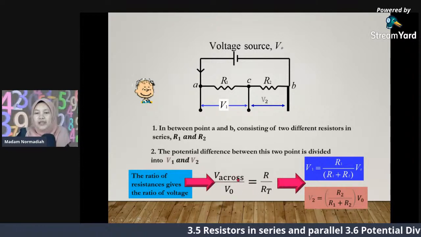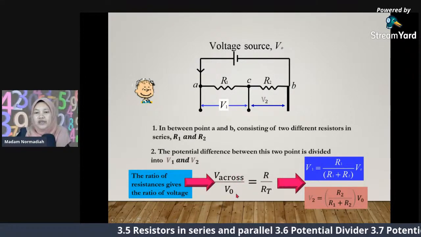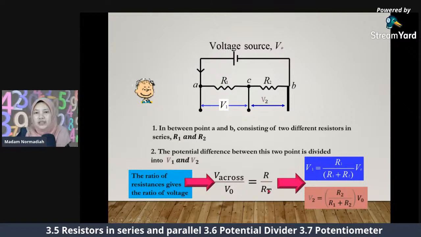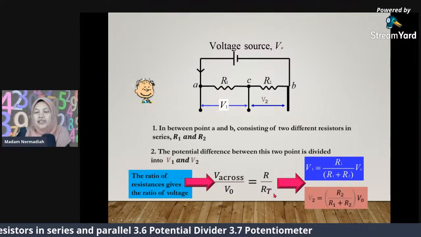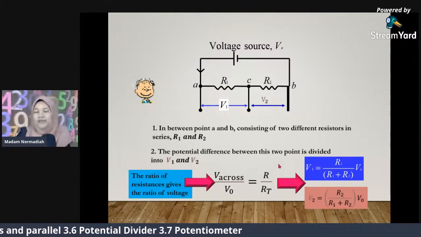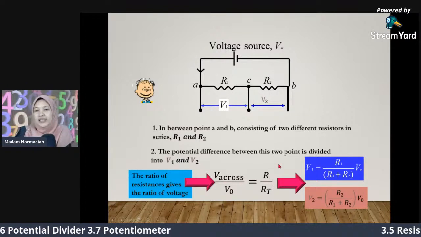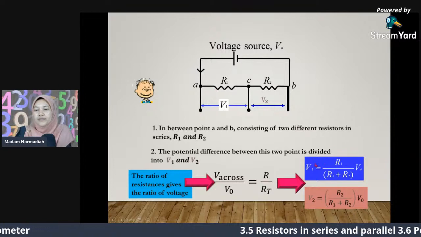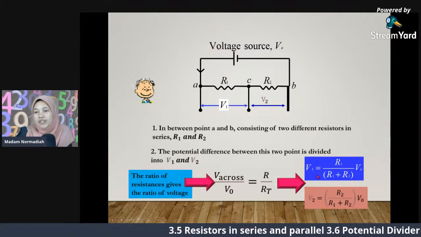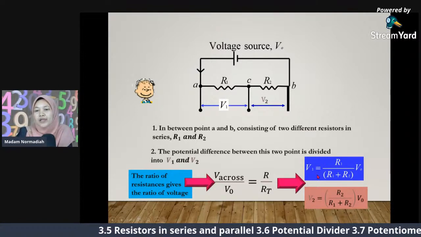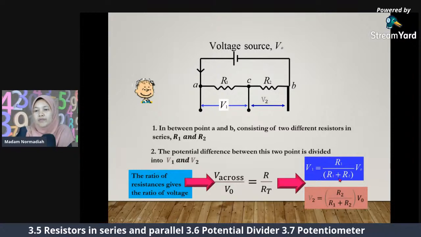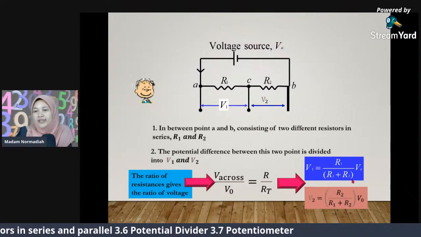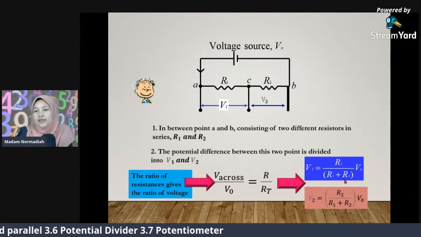V across is the voltage across the resistance, V0 is the voltage source, and RT stands for total resistance. If you want to find voltage V1 across R1, you can just use the formula R1 over R1 plus R2 times V0.